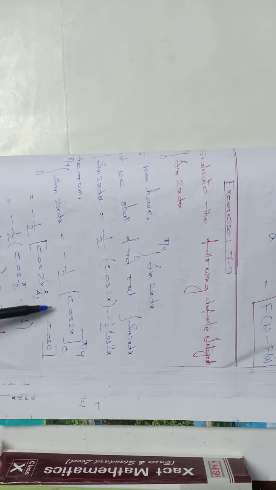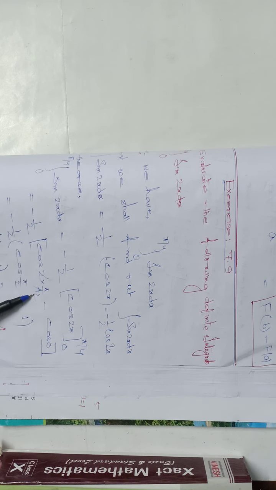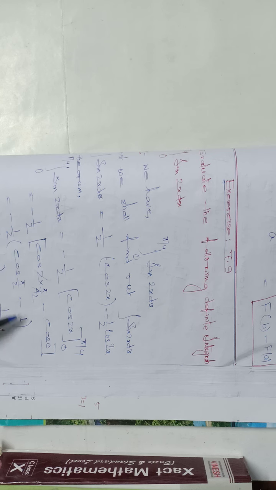So cos 2 into pi by 4 minus cos 0. So students, minus half cos pi by 2 minus 1, cos pi by 2 is 0, cos 90 is 0, minus half 0 minus 1 equal to half. So this half is the answer of this definite integration.